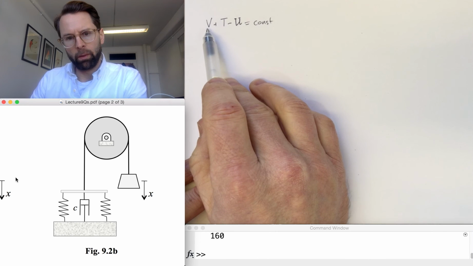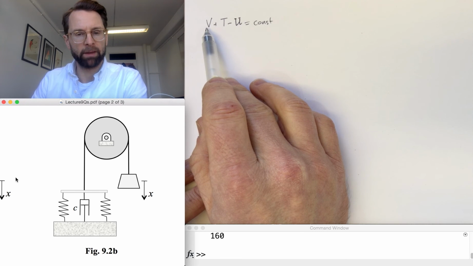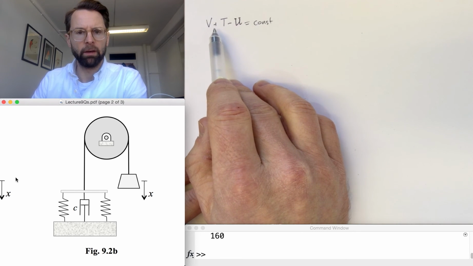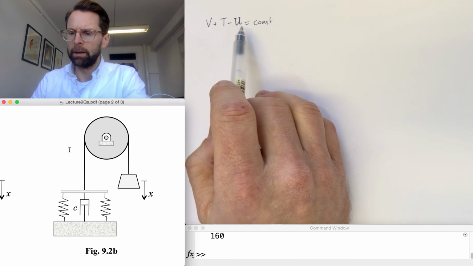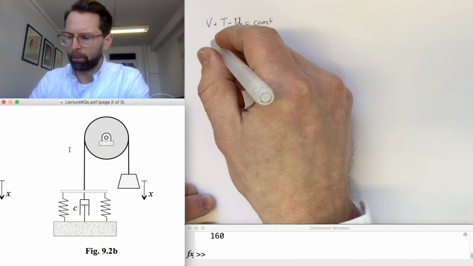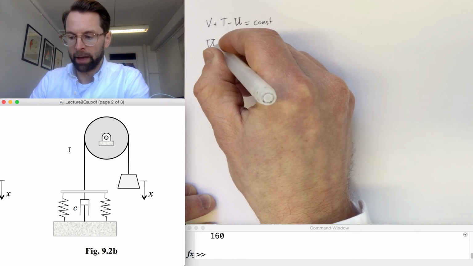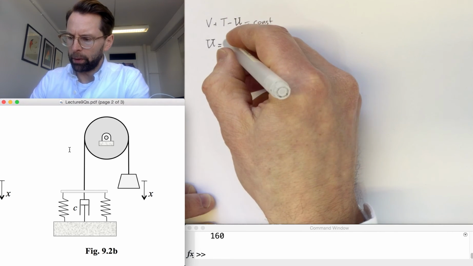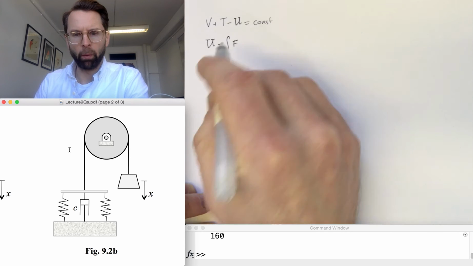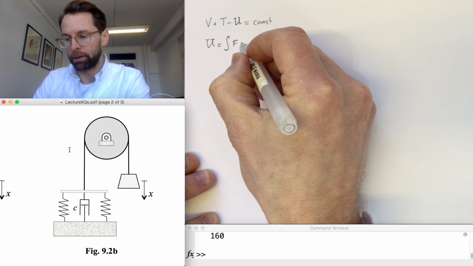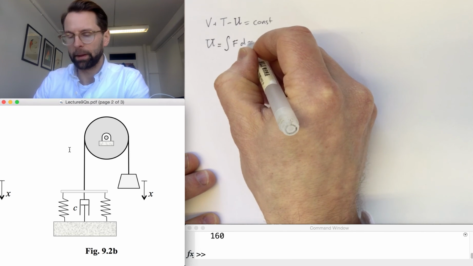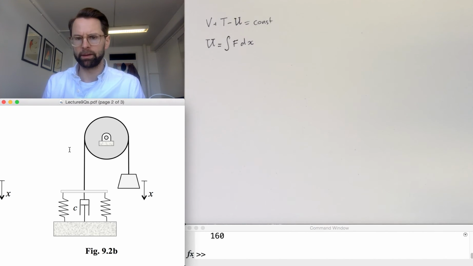We know what the potential energy due to the springs and the changing elevation of the mass are. We know what the kinetic energy of the translating mass and the rotating pulley are. But for the work done by the non-conservative force, the damping force, the work done is that damping force integrated over position, the displacement x in this case.